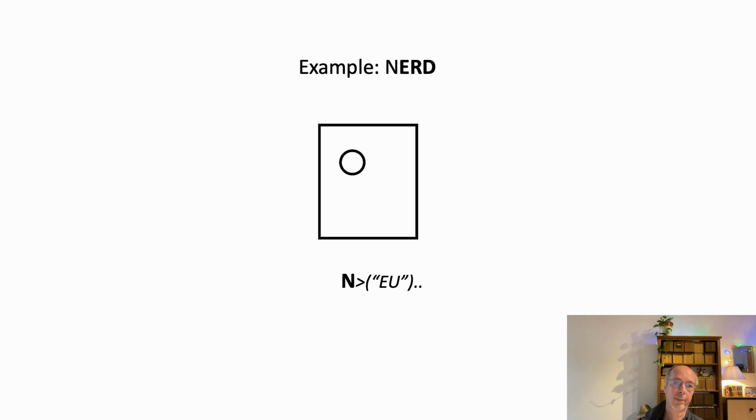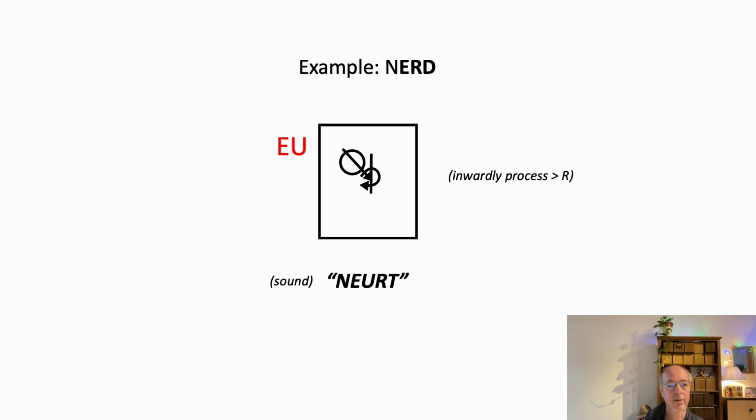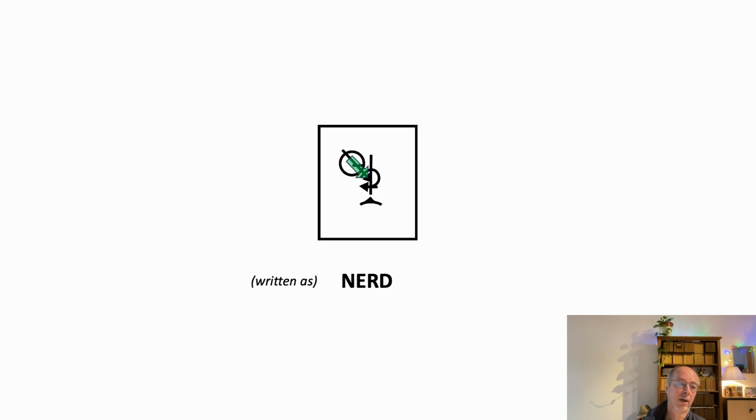I also already explained it before, but I will start again from the same point of view. Now I follow it as I explained it here before. So I go, of course, also inwardly with the R process, going more inwardly and going to a place from within. So nerd as a sound, and nerd with a little bit of extras to it, so that it will fit better with the letters as I have.